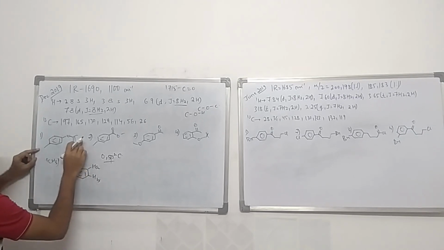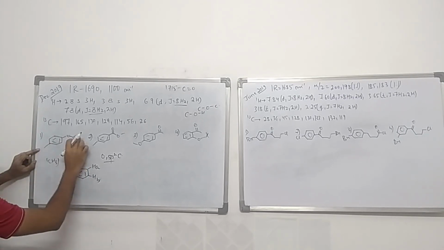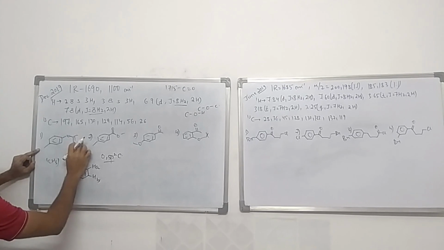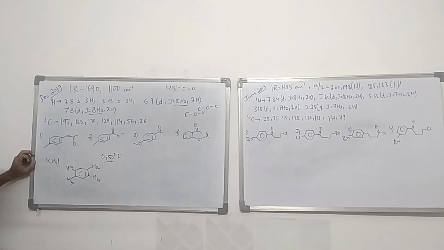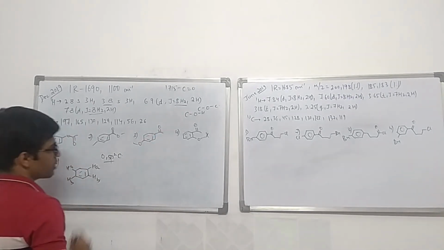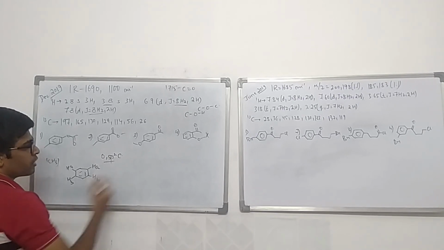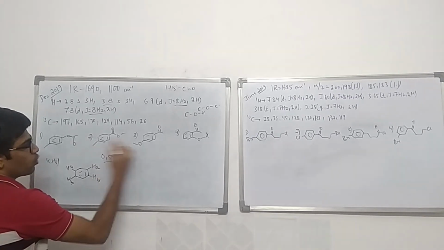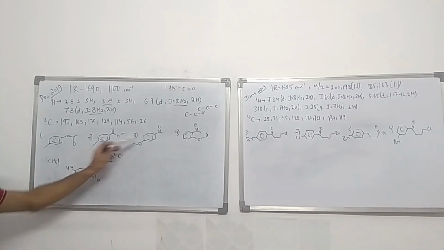It is possible in this case that both the CH3 groups are attached to sp2 carbons, so this kind of a value is not possible for this. Now it is possible in both of these cases that one CH3 is attached to oxygen and one CH3 is attached to sp2 carbon. In this case also the same.